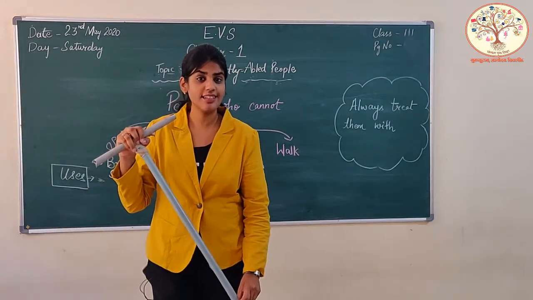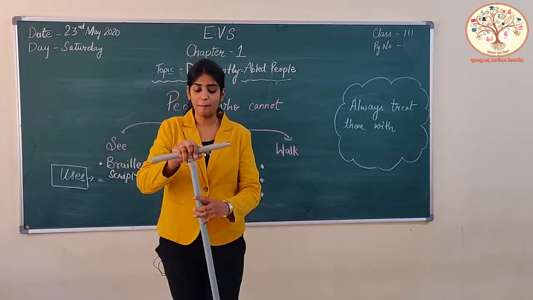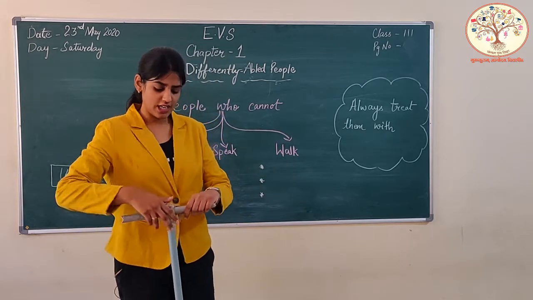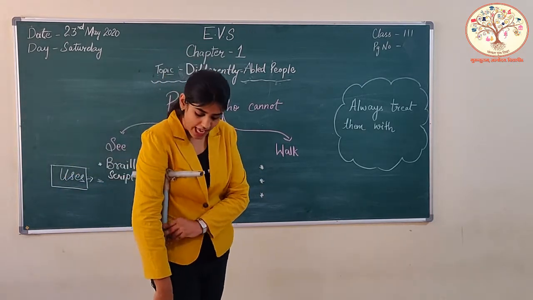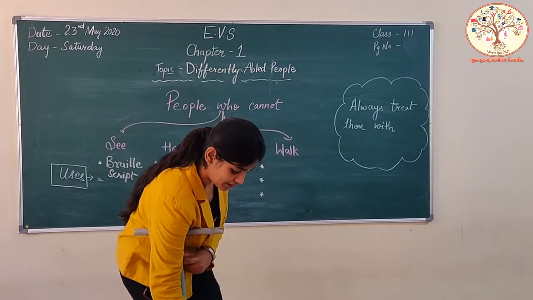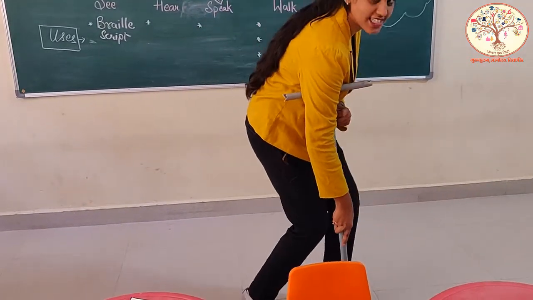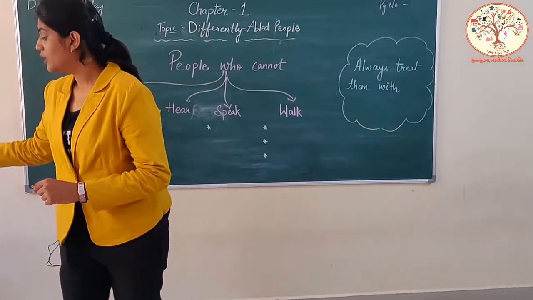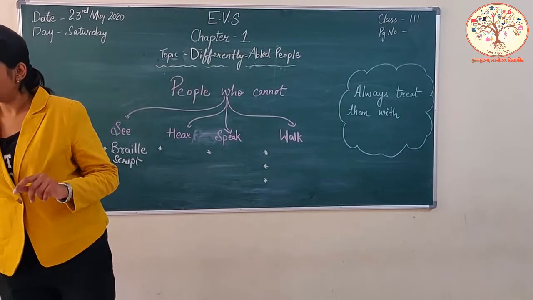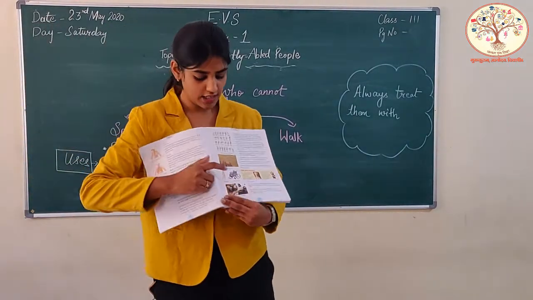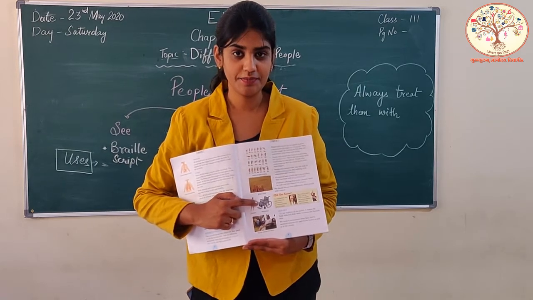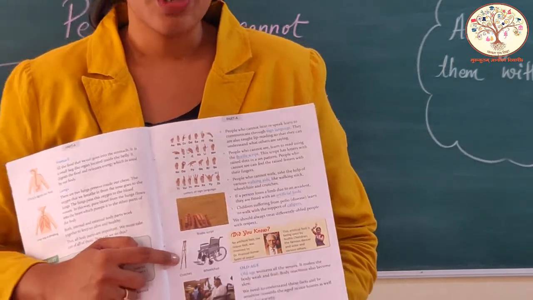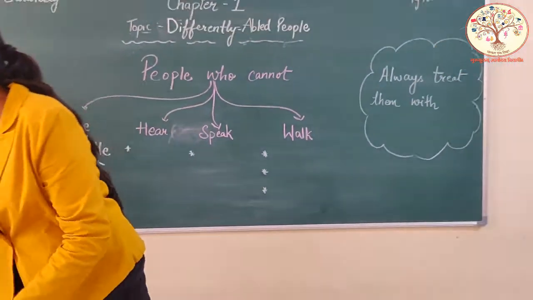Now, can you see this? What is this? Yes, this is a stick. This stick can help those people who are not able to walk. They hold the stick like this and they try to walk with the support of the stick. I think you have seen so many people using a stick. Now, the people who cannot walk can also use a wheelchair and crutches, and they can overcome their disability.